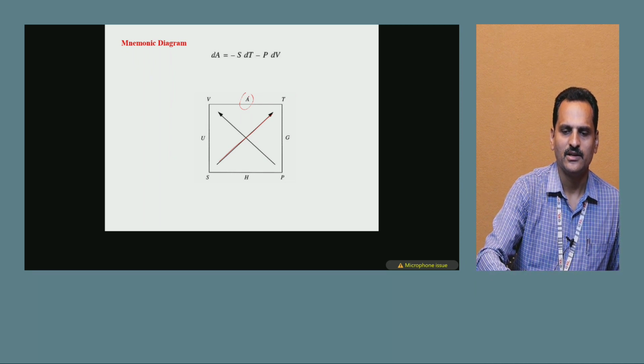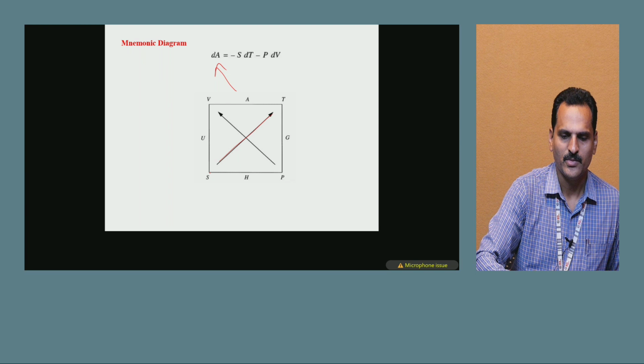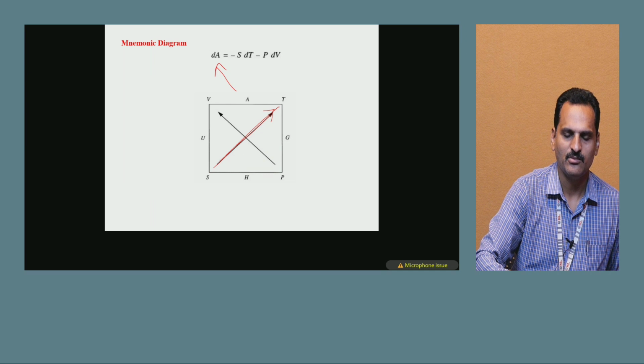Therefore, let's apply this mnemonic diagram for the Helmholtz free energy. dA is equal to minus SdT. Start with the opposite properties: minus SdT and P into dV.